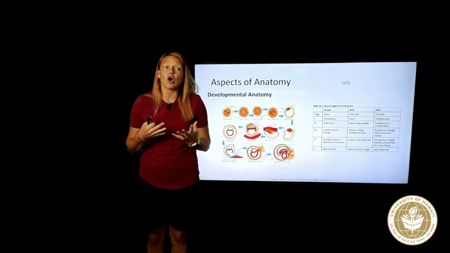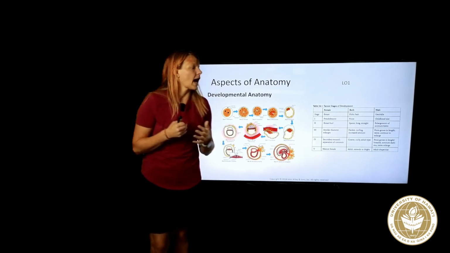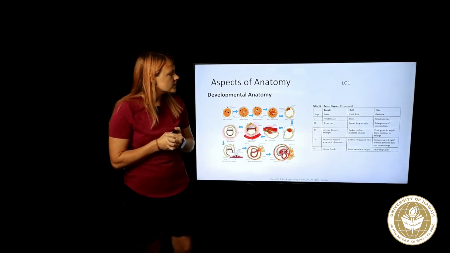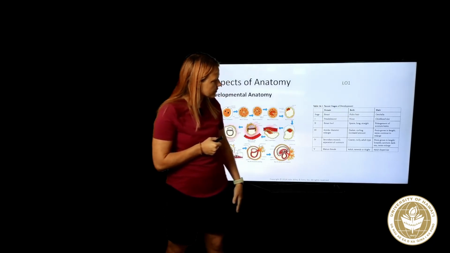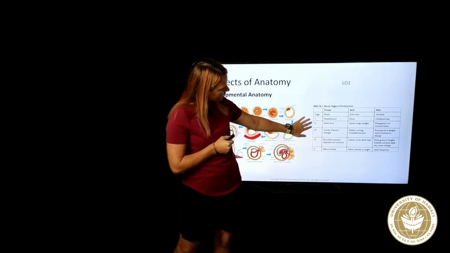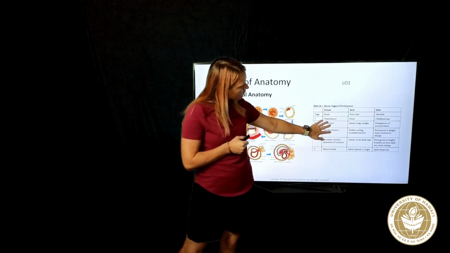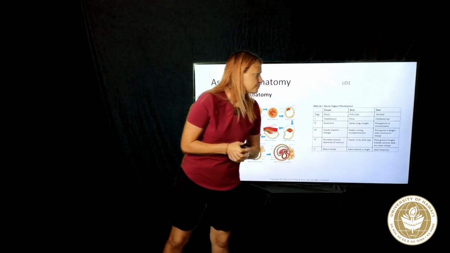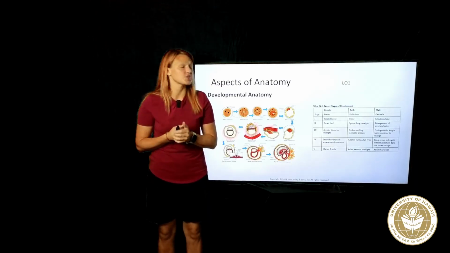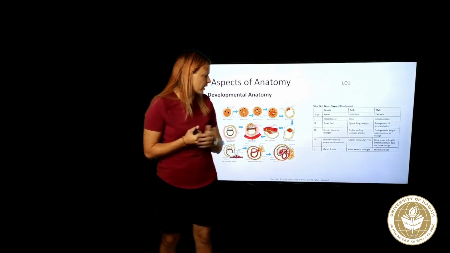So that's how we know where exactly we should be at a certain age. So you can see here the Tanner stages of development, the different stages, for female, male, and both sexes, just kind of the different stages of development there.